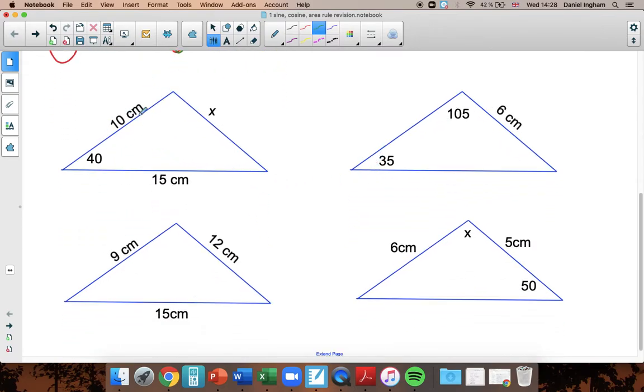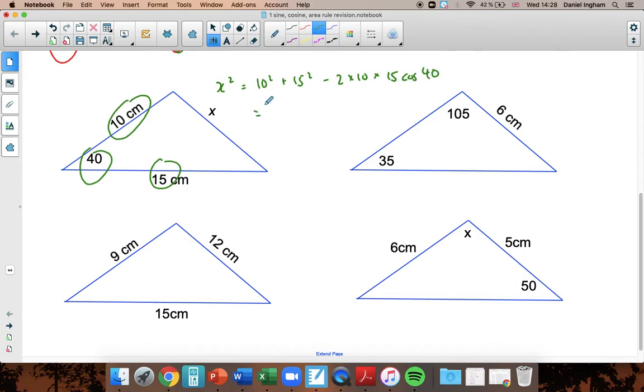So first thing to do is identify what we can use. Side, angle, side. So we can use the cosine rule to find x. The cosine rule says that x squared equals 10 squared plus 15 squared minus 2 times 10 times 15 times cos 40.